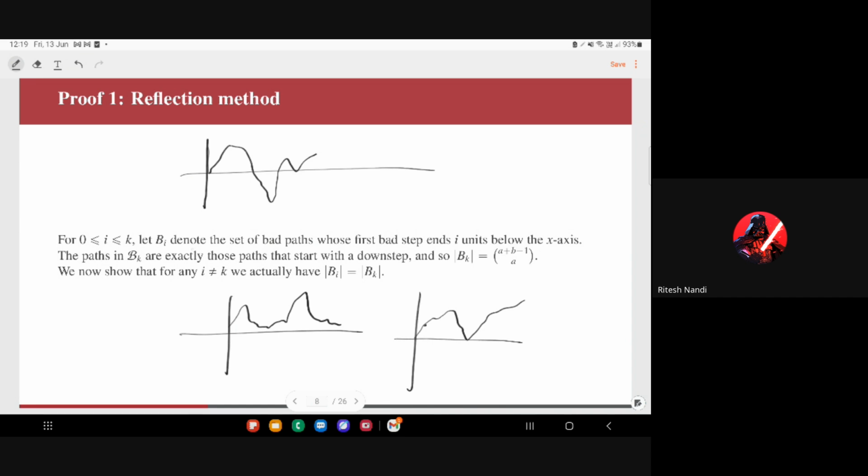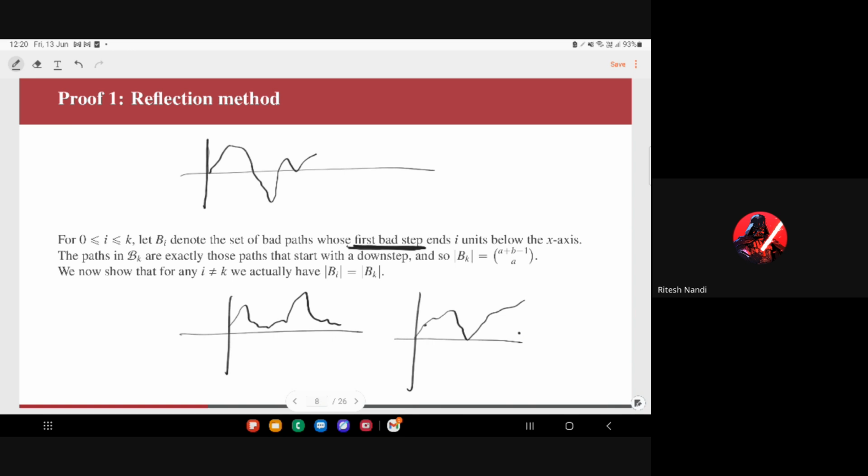Let B_i denote the set of bad paths whose first bad step ends i units below the x-axis. Note the first bad step, where i is between 0 and k. Up till then, all the steps that had been taken were votes for A or votes for B such that the graph stayed above the x-axis.